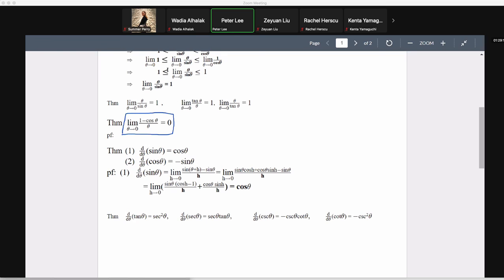Let me show you the proof. I'm going to write this: the limit of 1 minus cosine theta over theta, as theta is approaching 0.